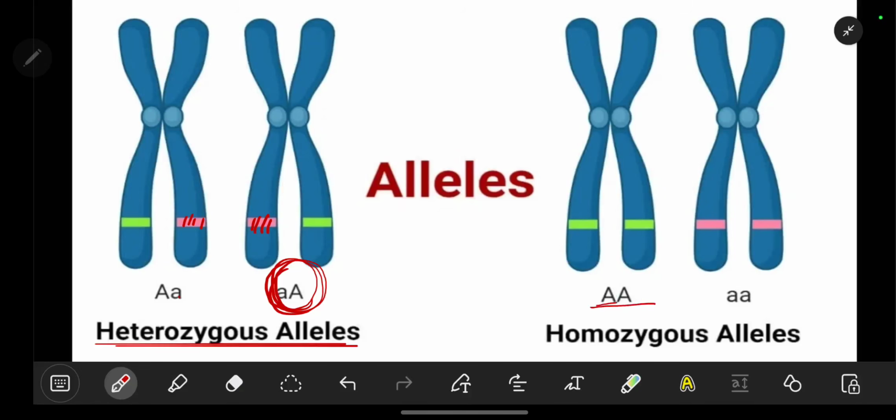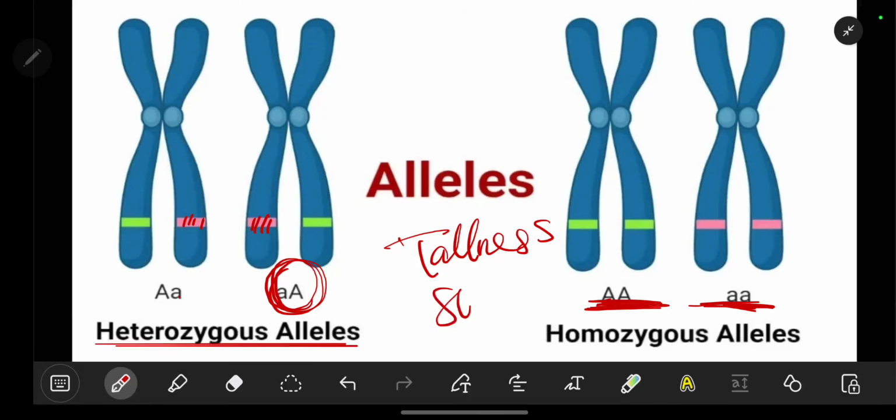Homozygous means alleles carrying the same characteristic. If it's height, if it is tallness, then it is tallness. If it is shortness, it's shortness, meaning small letter t, small letter t, or capital T, capital T. This is homozygous. Heterozygous means we have a big letter and a small letter like that.